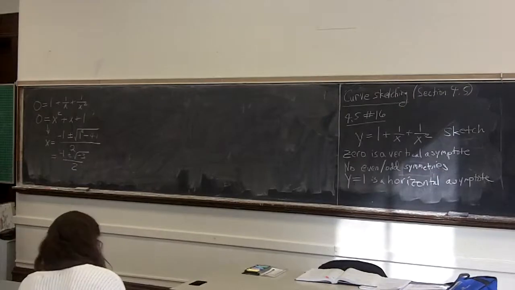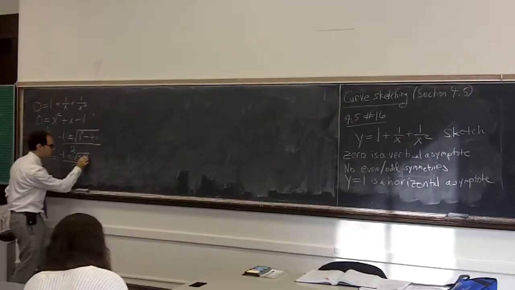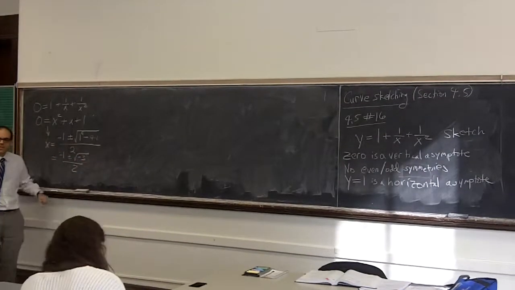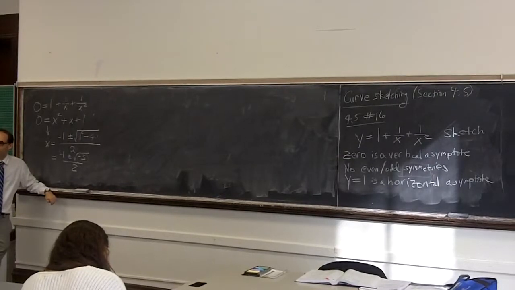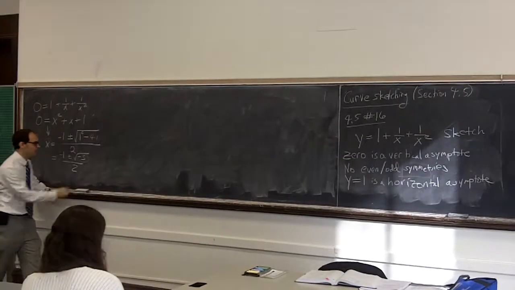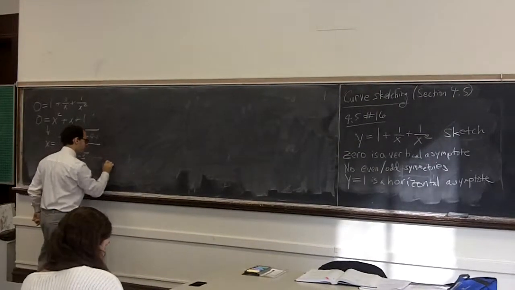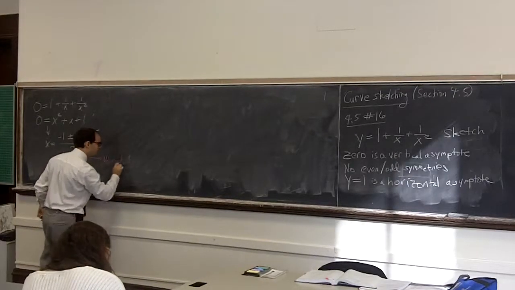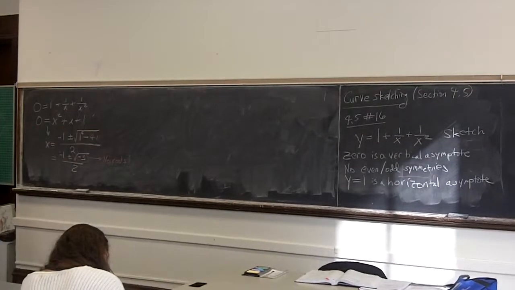Uh-oh. Red chalk is perfectly placed. What does that say? No roots. No roots. So 0 is a vertical asymptote.